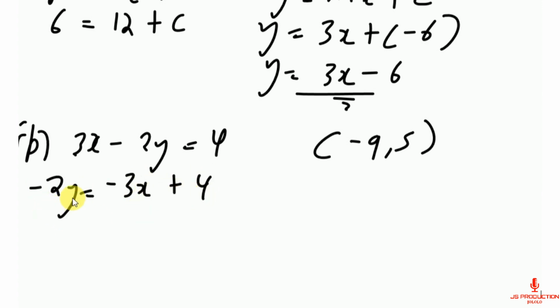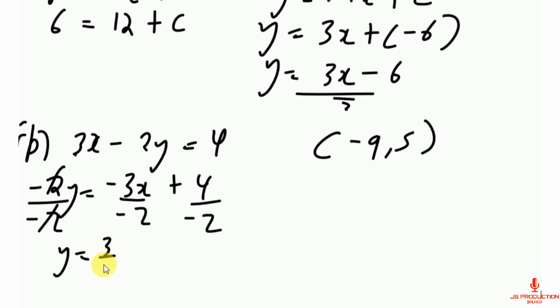And to find y, we divide by -2 throughout. So y is equal to 3 over 2 x minus 2. So you know that our gradient there is 3 divided by 2.